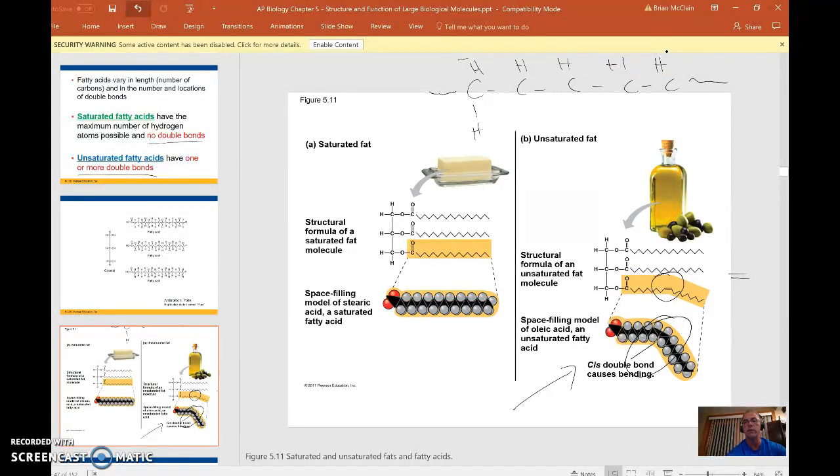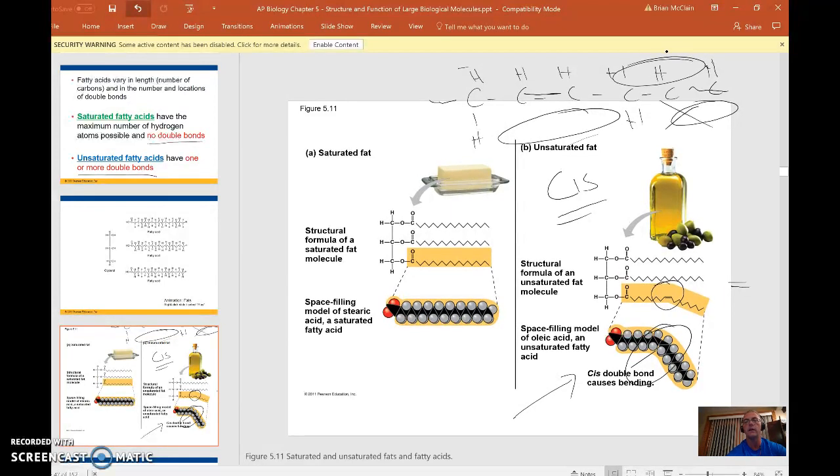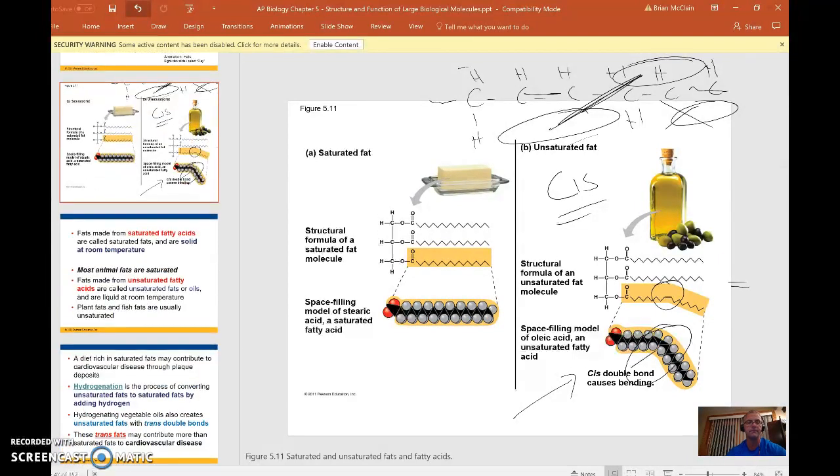And if I'm missing a few hydrogens here, and I'm missing some other hydrogens, as long as they're missing all on the same side, and we form these double bonds, and if I have another section where I'm missing another set of hydrogens right down here, if they're on the same side, that is cis. If they're on opposite sides, so if I was missing up here instead of down here, that would be trans. Make sure you understand that.